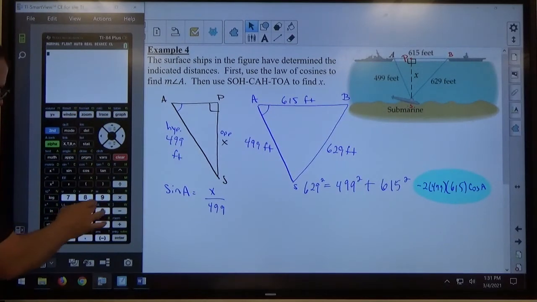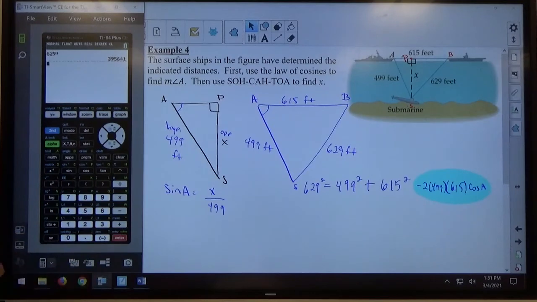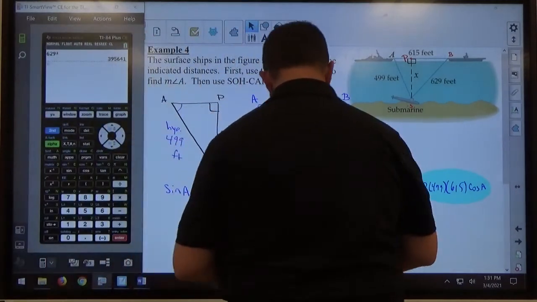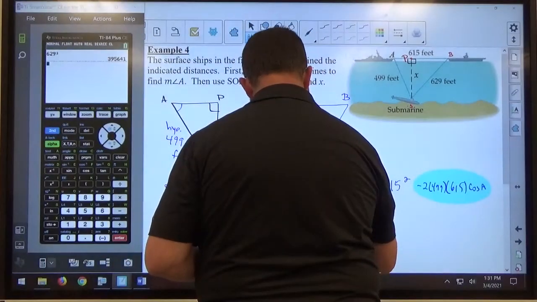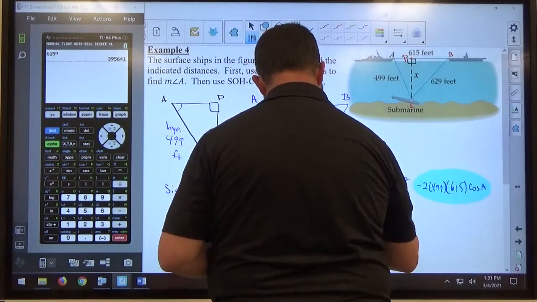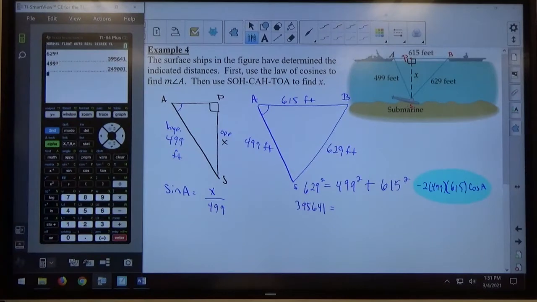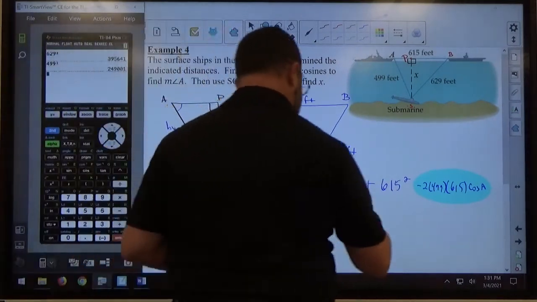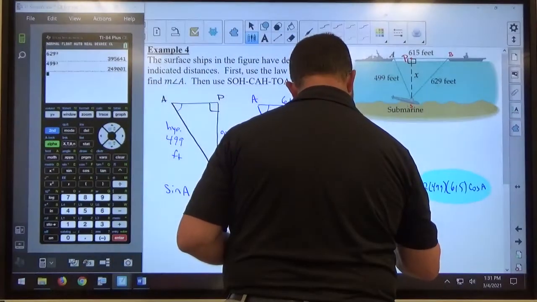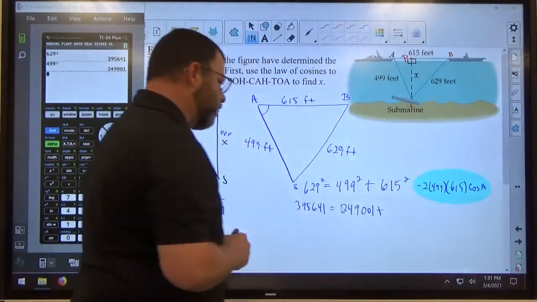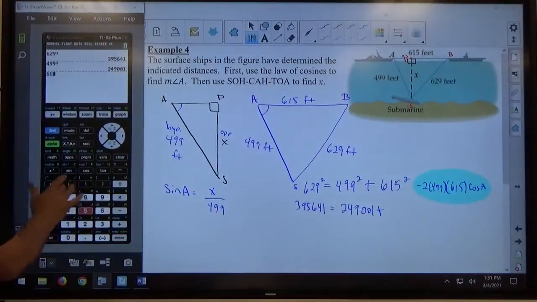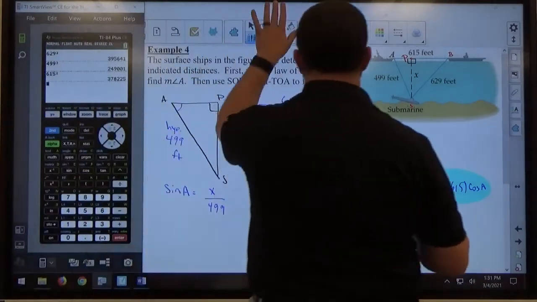So 629 squared equals 395,641. 499 squared is equal to 249,001. 615 squared is equal to 378,225.